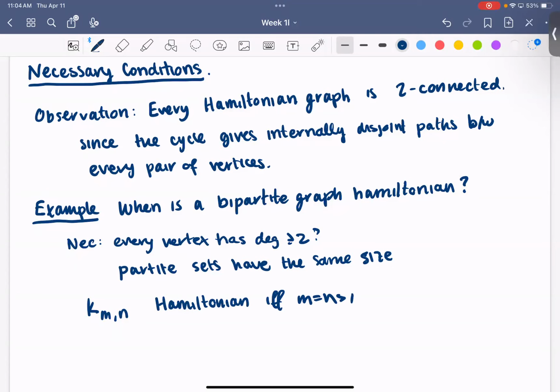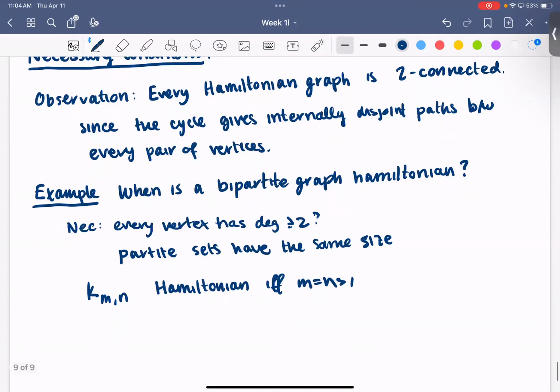Okay, so this intuition gives us a way to extend this to a necessary condition for all graphs. This is going to be a proposition.